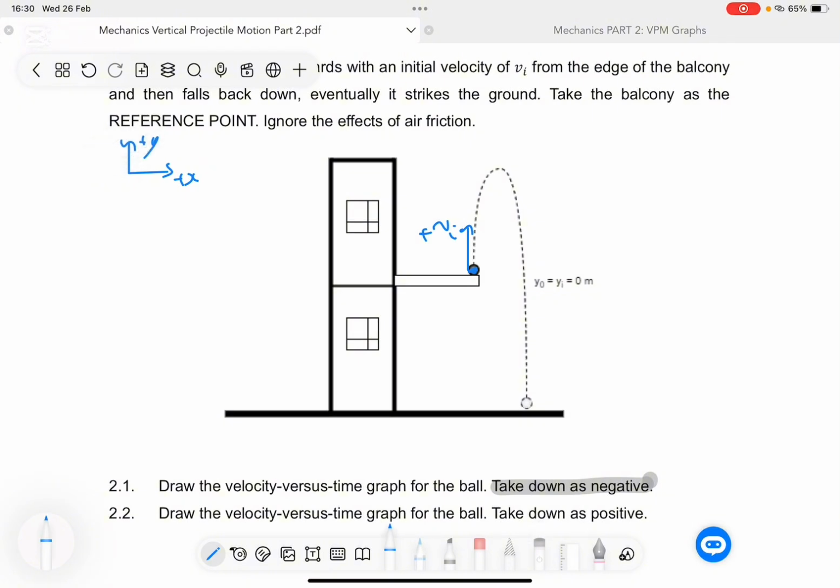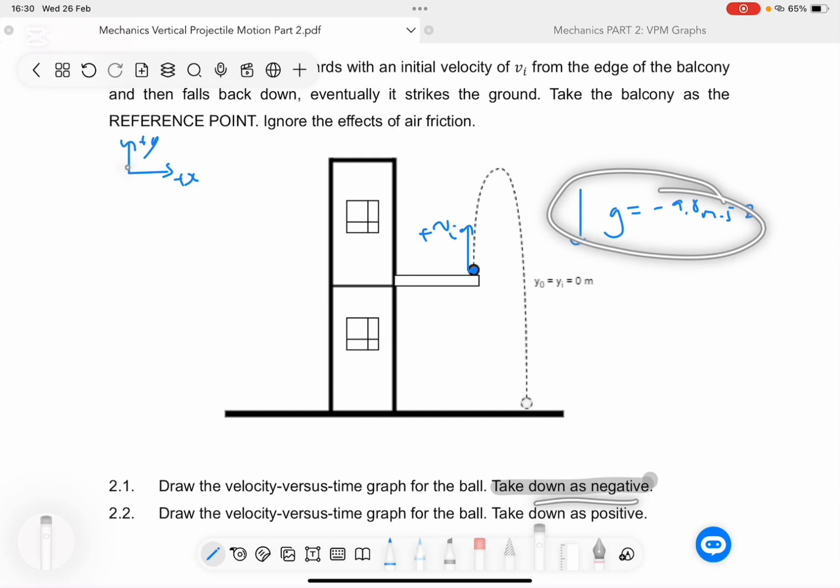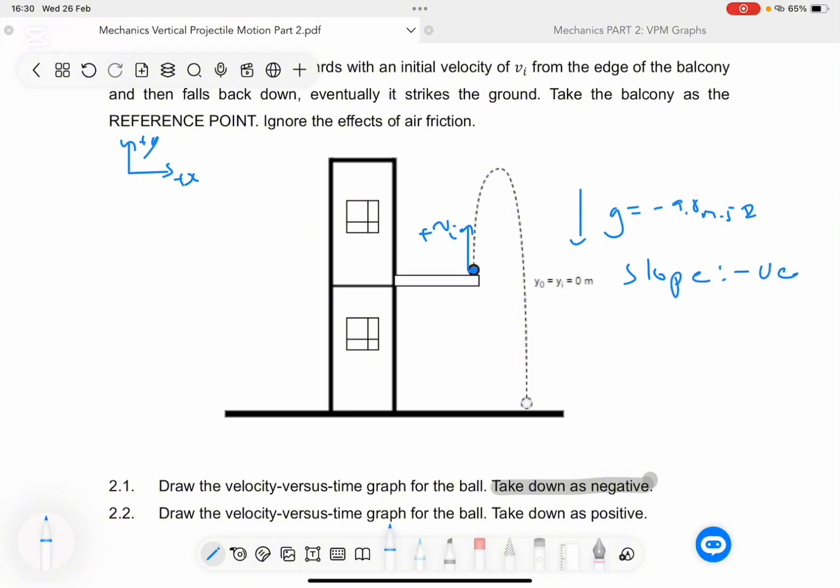And the other thing is that there is the acceleration due to gravity here, which always points vertically downwards. Okay, my vector doesn't want to be straight. Okay, there it is. So now we have here negative 9.8 meters per second squared, because it goes in the negative direction, downwards. So this means our slope is actually negative, because the acceleration due to gravity is the slope in our equation.